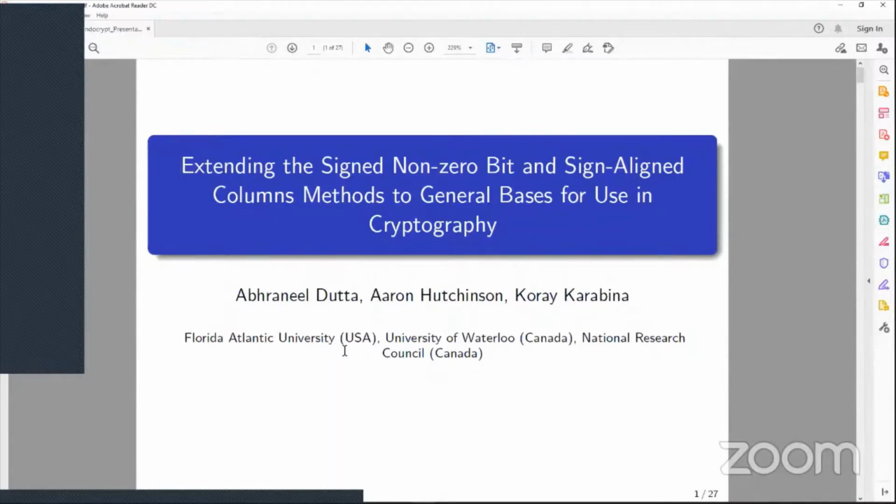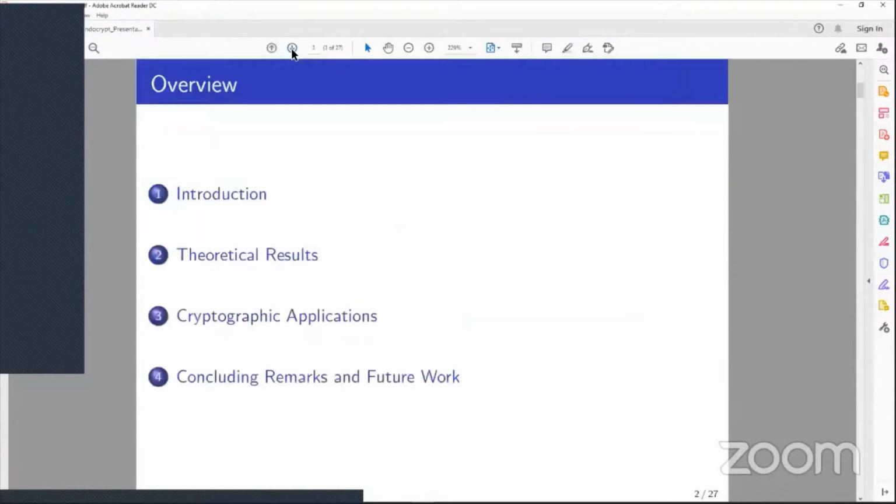I'm from Florida Atlantic University, Aaron is from University of Waterloo, and Professor Koray is from National Research Council, Canada. I have divided this paper into four sections: the introduction, theoretical results, cryptographic applications, and some concluding remarks for future work.